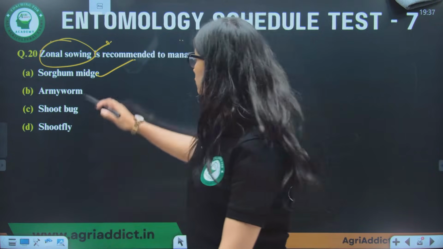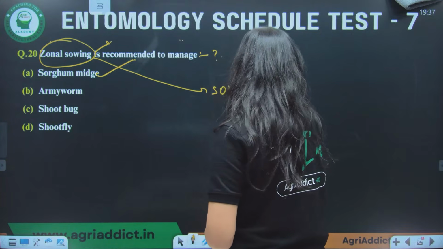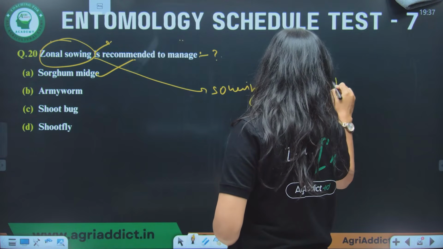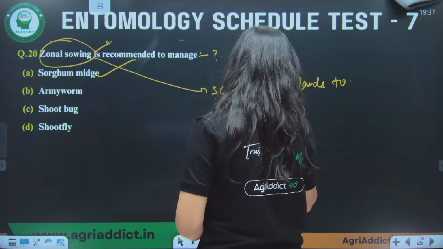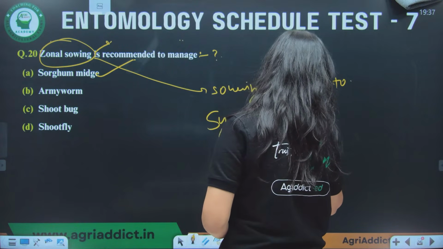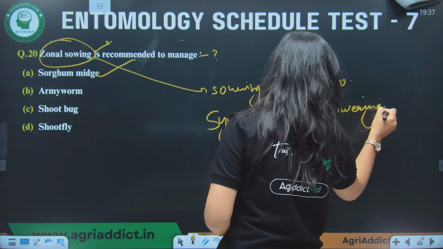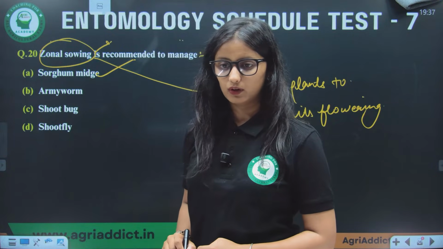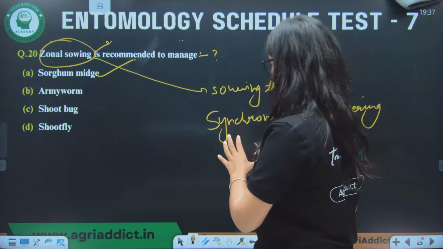So, zonal sowing is the sowing of plants to synchronize its flowering. Okay, to synchronize the flowering at the same time.